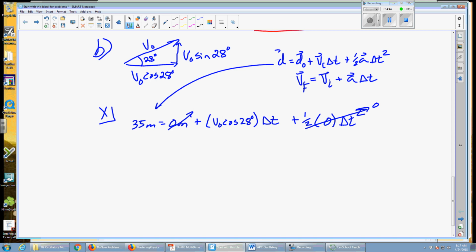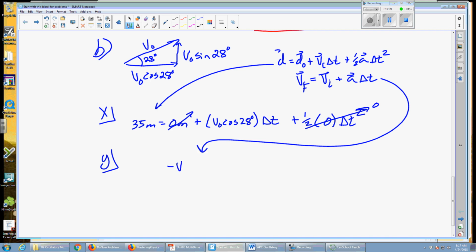In the Y direction, this is where I'm going to employ this equation. Same condition as we did in part A: it's going up and coming back down to the same height, so it moves at the same speed, just with opposite velocities. I can use that fact again.